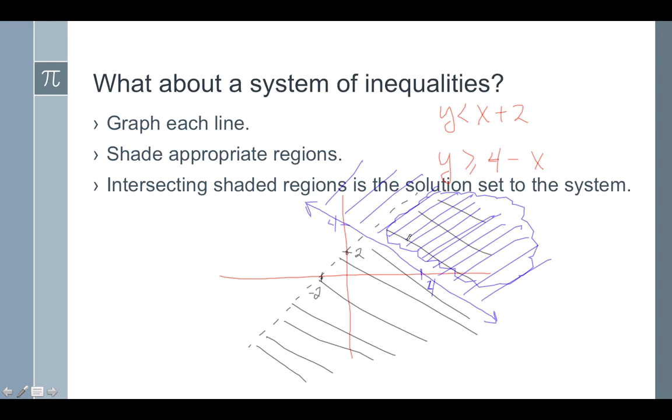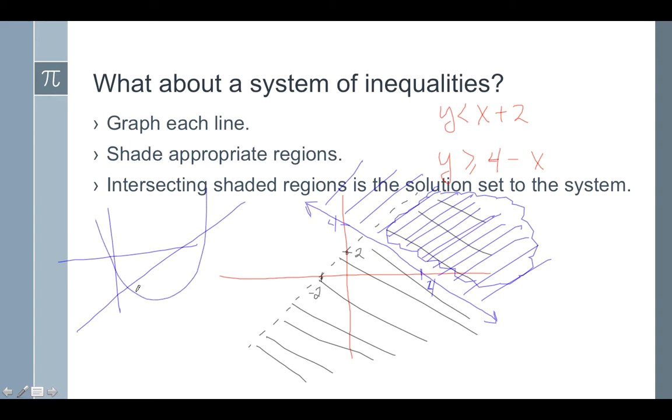The set, because it's a large group of points, right? It's the solution set to the system. And that's really all you need to do. We could do stuff like this. We're not going to do an exact example, but we could have a linear function and a quadratic function.